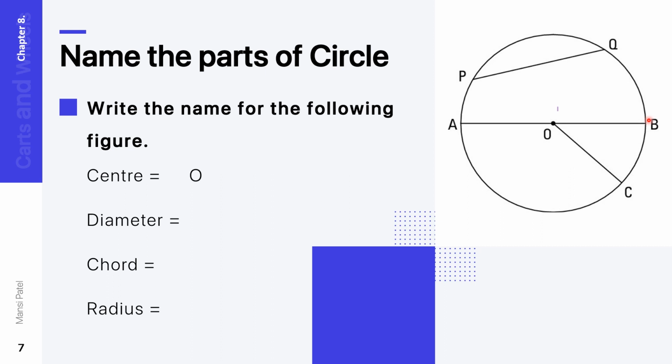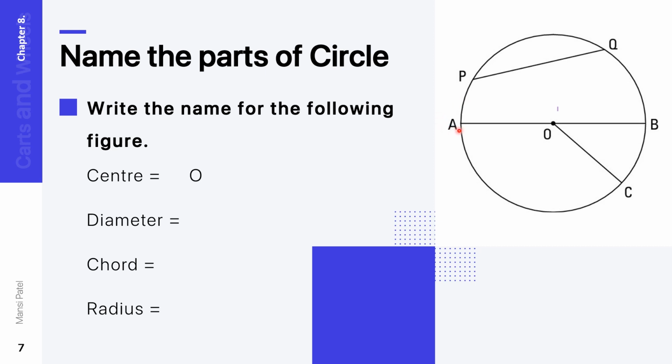The condition is that the diameter should pass through the center. You can see here, this line segment PQ is not passing through the center, so this is not your diameter.